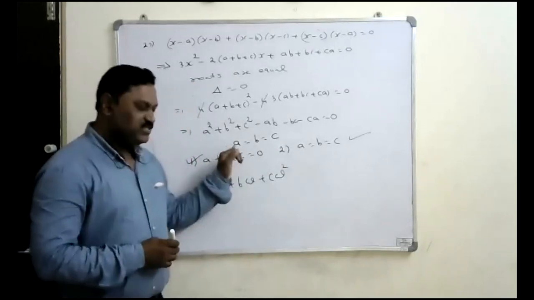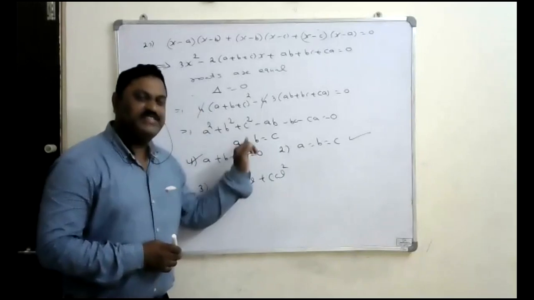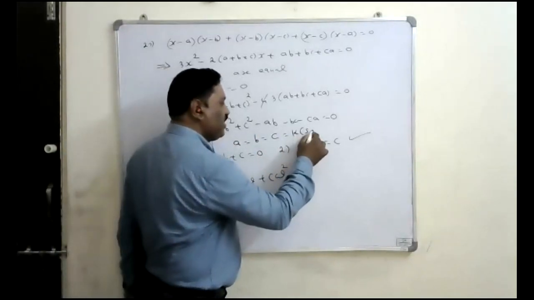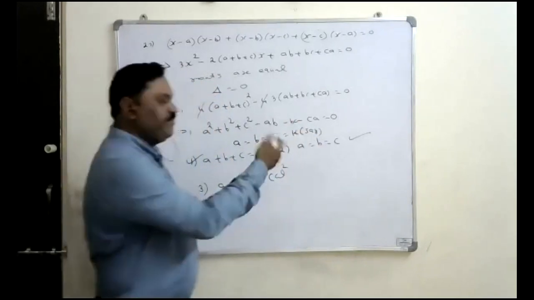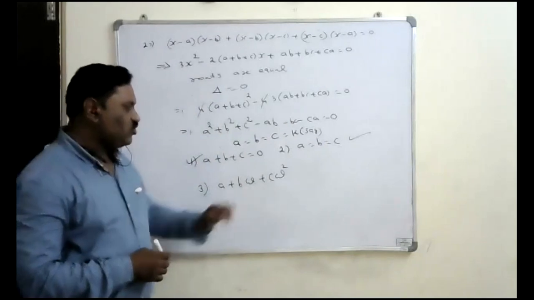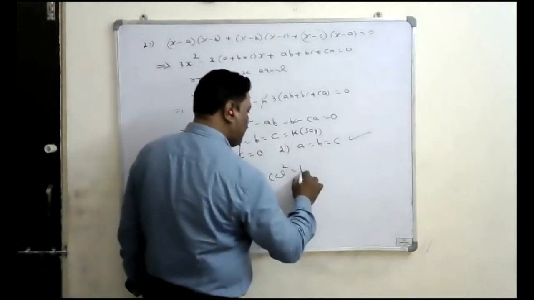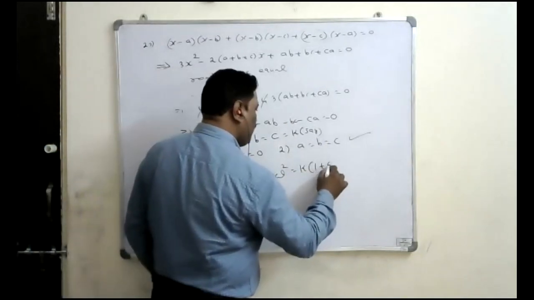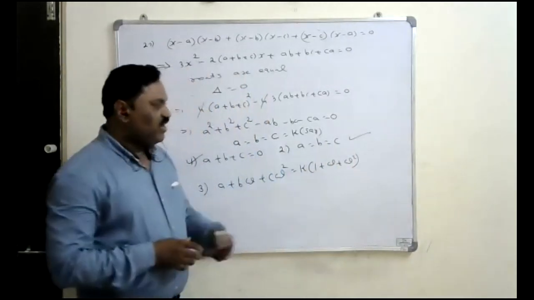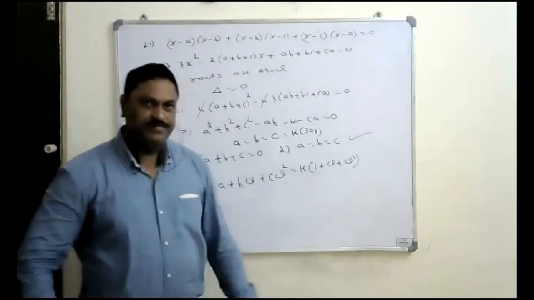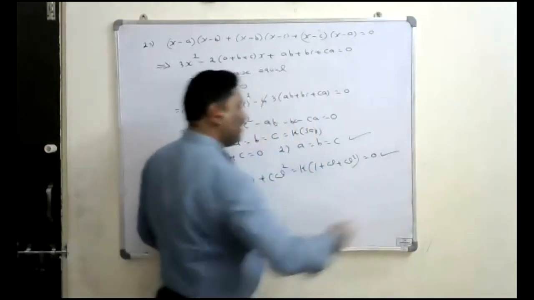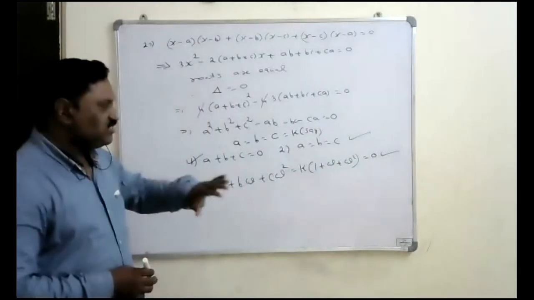Since we know that A is equal to B is equal to C, suppose I take all these three equal to some K: A equal to K, B equal to K, and C also equal to K. If I substitute them, I can take K common from all of them. Then 1 plus omega plus omega square we are getting. What is the value of 1 plus omega plus omega square? Zero. That's why that is also correct now.